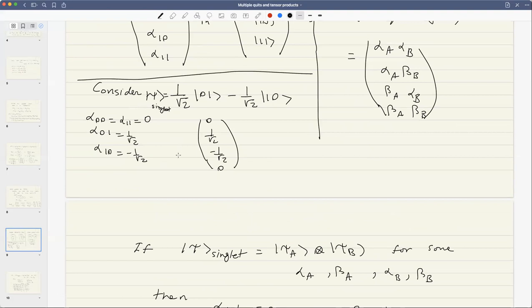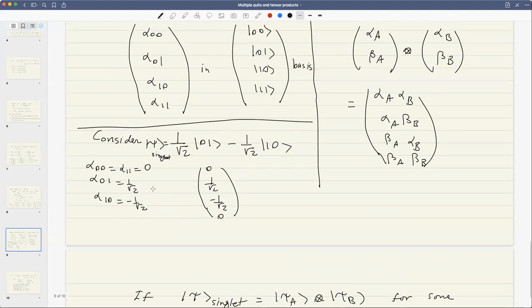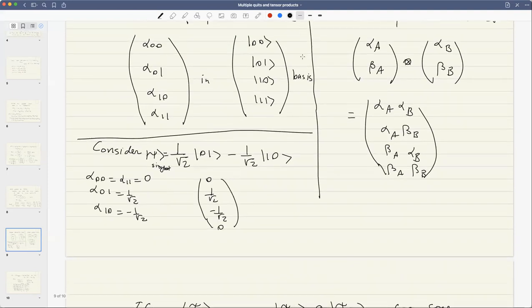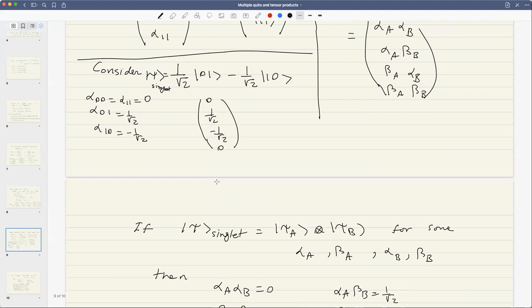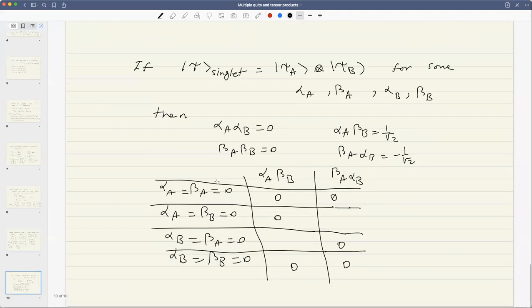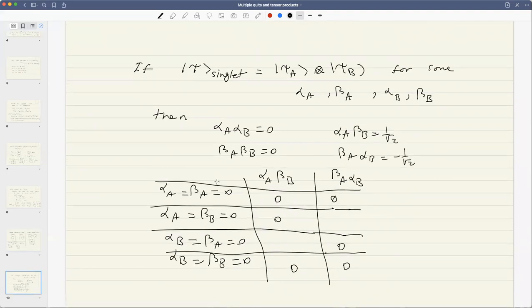So this is an example of a state that's perfectly allowed. It's a superposition of all these basis states. It's a vector that lives in this vector space, and a perfectly valid normalized state of the 2-qubit system. Nevertheless, we can't write it as a direct product of some state for qubit A and some state for qubit B. So a state like this that cannot be written as a direct product is called an entangled state.